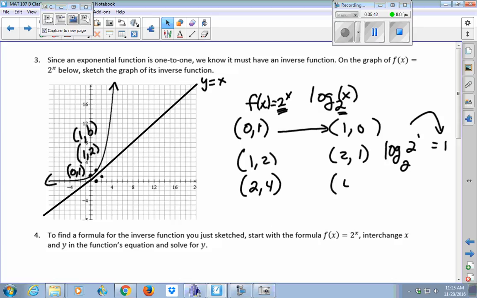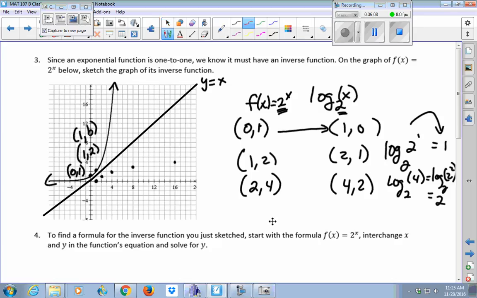It will be 4, 2, because the log base 2 of 4, since I know it's a base 2, I can write that as log base 2 of 2 squared. And when I lift off the exponent, I get 2. So I got 4, 2, and 8, 3, and 16, 4. 1, 2, 3, 4. So I've definitely got this part of my inverse function going.